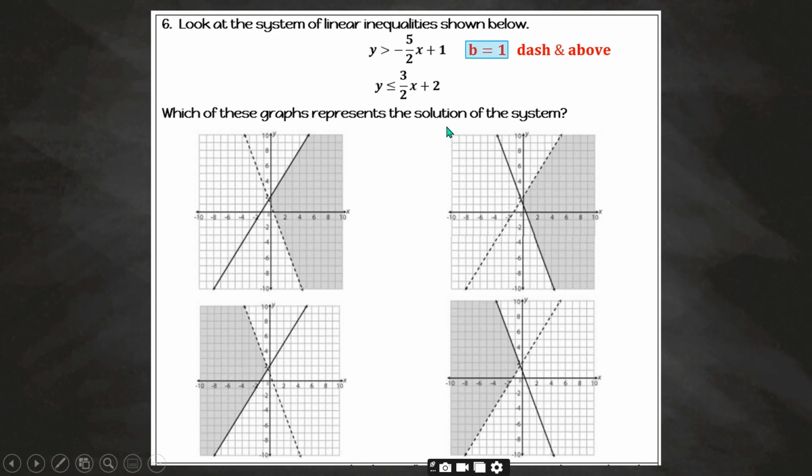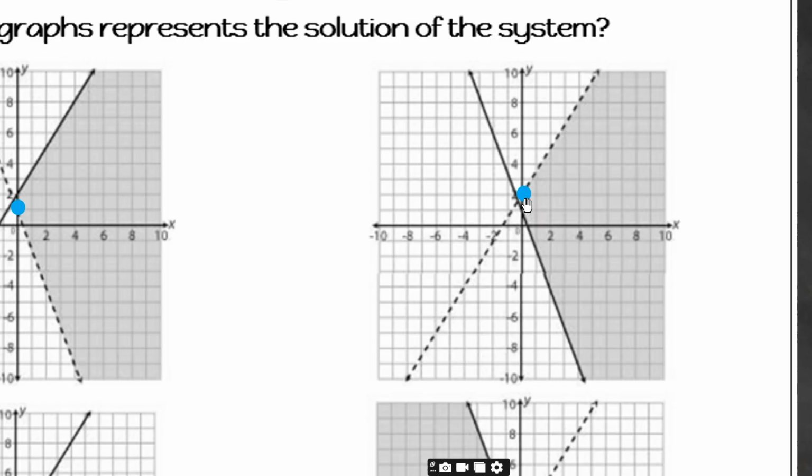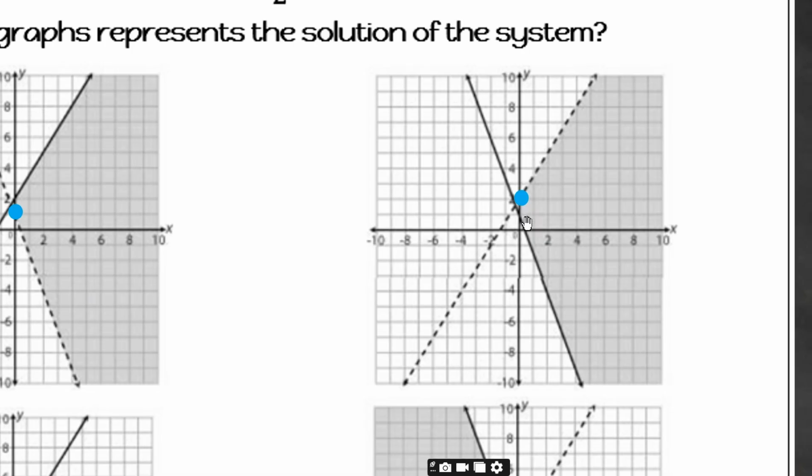And I should have a dashed line and be shaded above. So anywhere that I have a dashed line that has a y-intercept of 1, I'm going to consider that as a possibility for an answer. So here is the dashed line and my y-intercept is 1, so that works. Here, if you look, this dashed line has a y-intercept not of 1, but of 2.